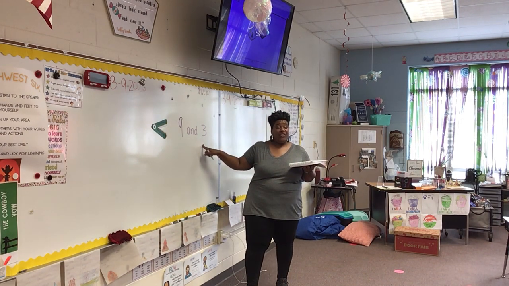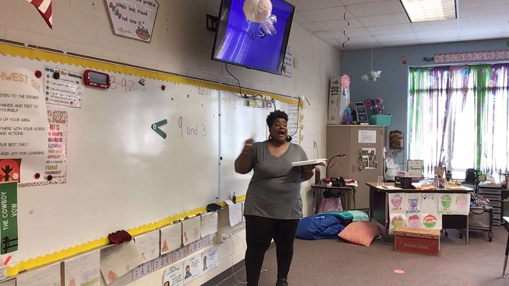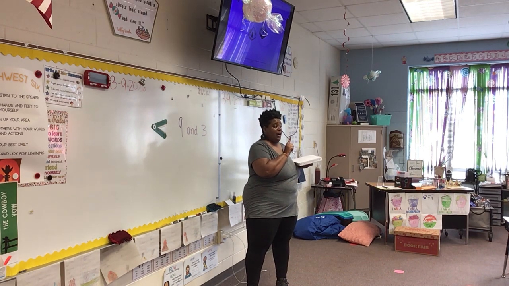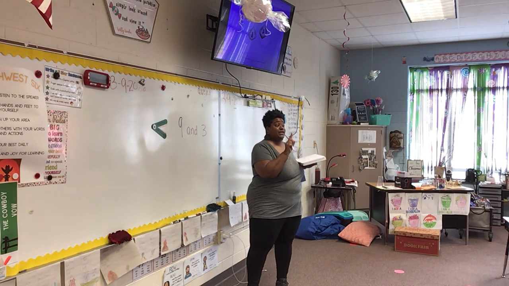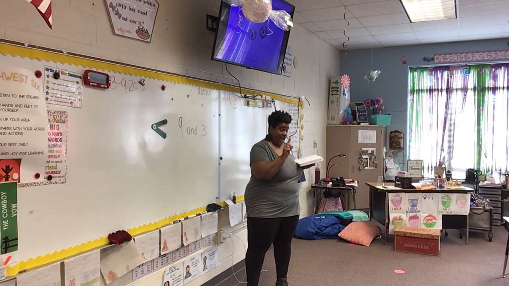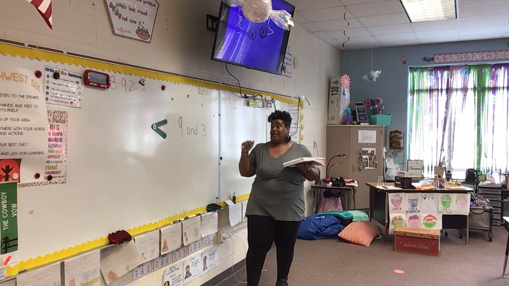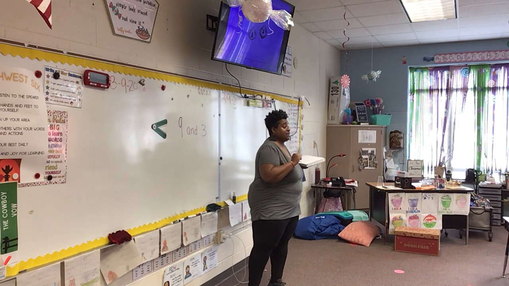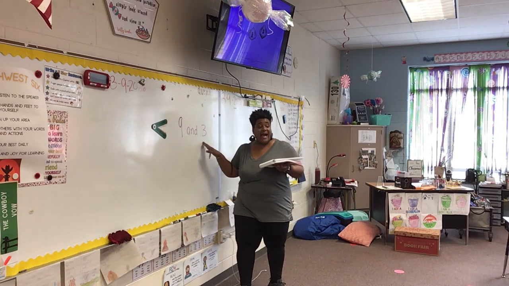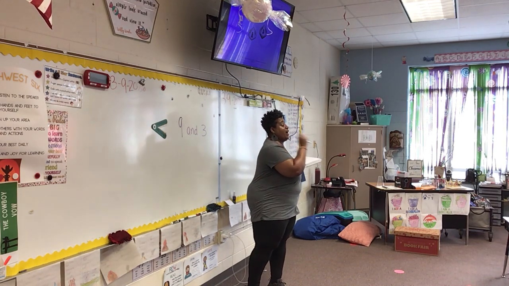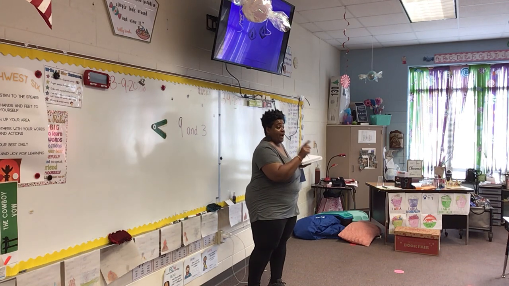Okay, now, I heard some interesting things. I heard you guys breaking it all the way down. I heard, well, you could take 9 tens and put some 1s, and you can add 9 and 3 together. Yes, but I said, what are other ways that you could write 9 and 3?